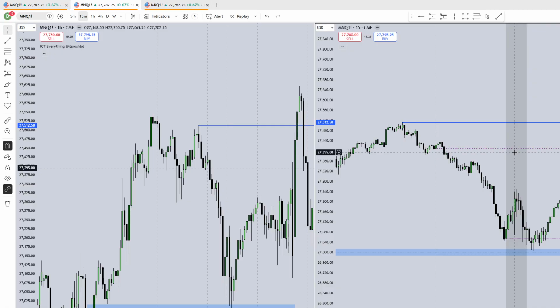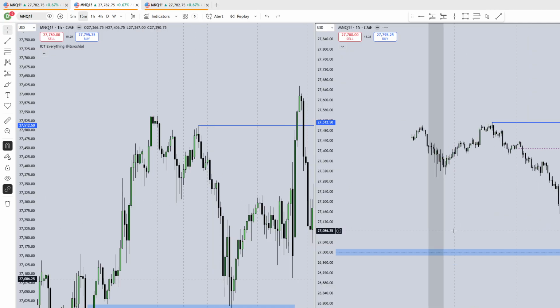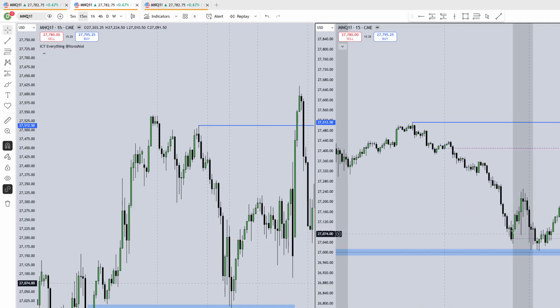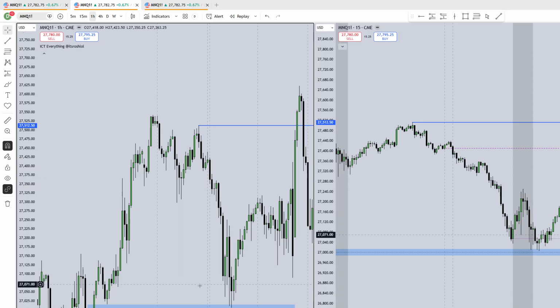So right away, before Tuesday even opens up our session, our kill zone 8:30 to 11, I'm noticing we're in a deep discount. We're below midnight, way below midnight, and we just barely wicked below 8:30 open.